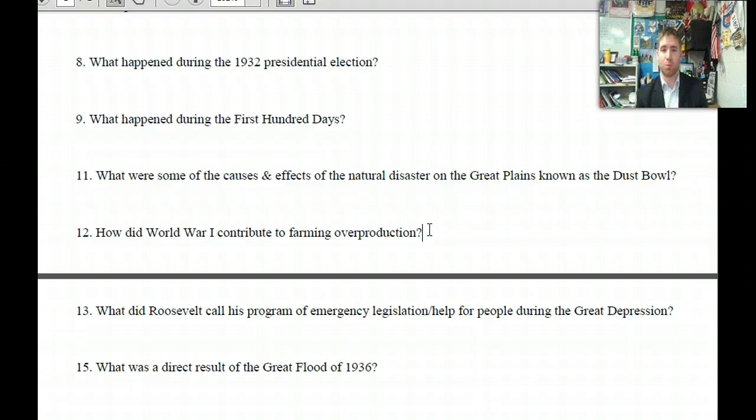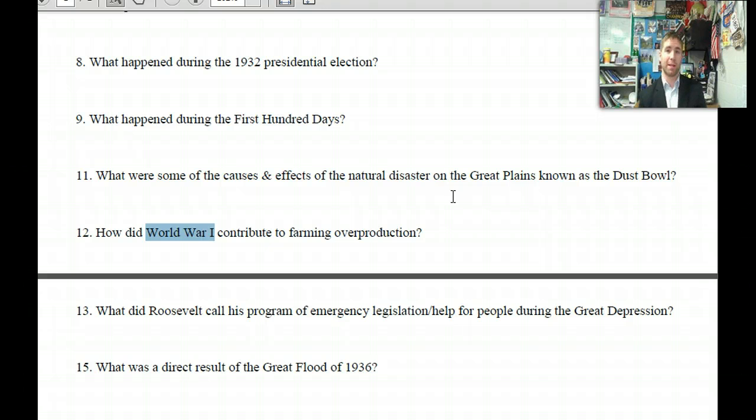So the problem is, once all that rain stops, the crop dies. There's nothing holding the ground together. And since farmers were doing such massive amounts, partially because of World War I to feed the soldiers, you now have a lot of land that's been torn up. You don't have any of what they called virgin soil left that's been untouched, or virgin grassland. So you have farmers planting way too much of their product, using way too much land, not doing any conservation efforts on the Great Plains.